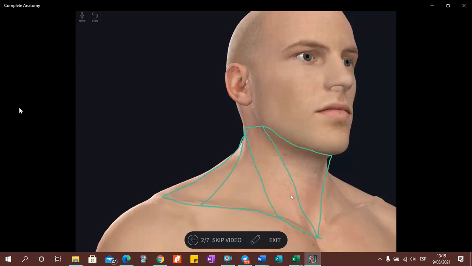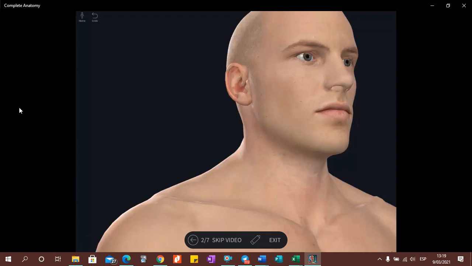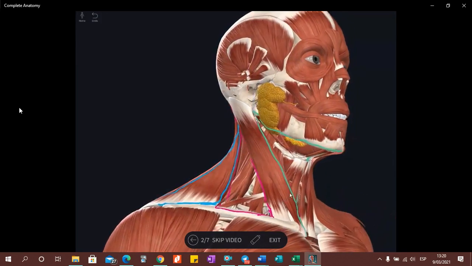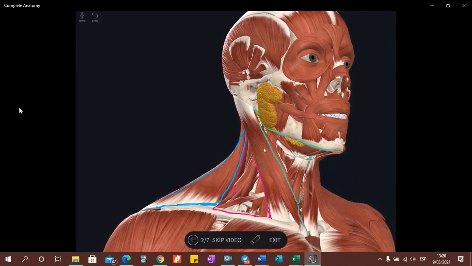To illustrate this, see if I can get rid of this pen drawing and also if I can get rid of the skin for us. So here's the pen. I'm going to clear the 2D pen. Okay, the pen is gone now, and now I'm going to remove the skin. So now with the skin removed, I've superimposed in 3D pen the different regions again.